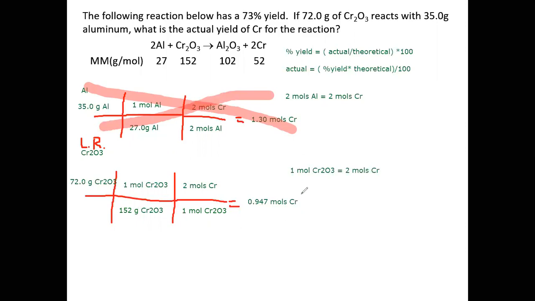Now we're going to convert this to mass. And we get 49.2 grams of chromium. And again, this is the theoretical yield.